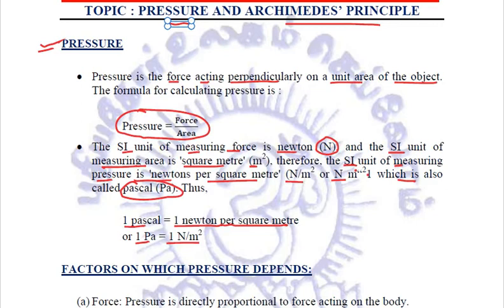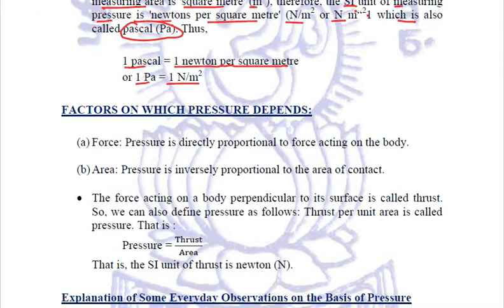Now in the formula of pressure, we can see that there are two things that we have used. One is the force and another is the area. So if we need to know the various factors on which the pressure depends, obviously there will be these two factors only: the force and the area. And how does pressure depend on these? Pressure is directly proportional to the force acting on the body.